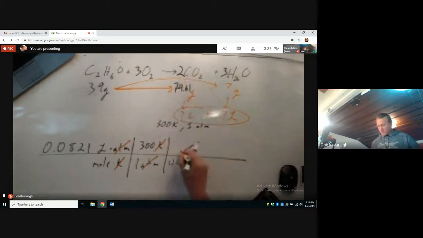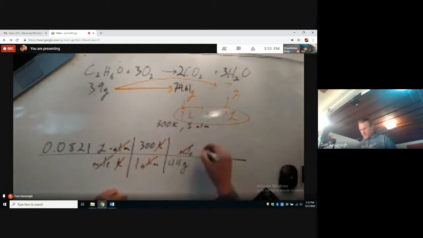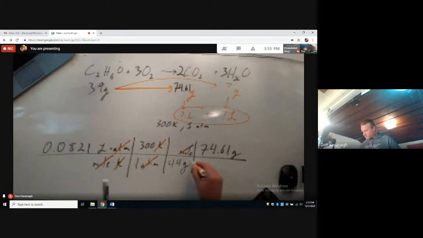That makes our moles cancel. And now finally, to make the grams cancel out, everything is canceled out except for liters without using PV equals nRT.